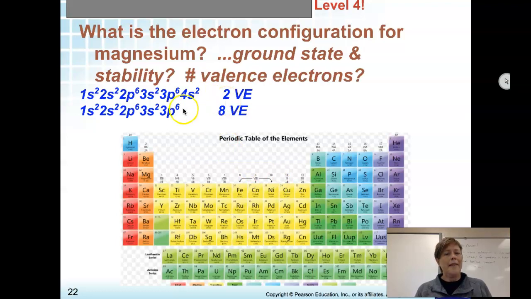If you look at this one, it has 8. Now, you might have looked at this and thought, oh, it gained 6 electrons, whoa. No, if you notice, the difference between the two is that we've lost the 4s sublevel. Those 2 electrons were lost so that we could get s2p6 in that manner. So by losing 2 electrons, what would be the charge of magnesium? Magnesium would be a +2 charge.